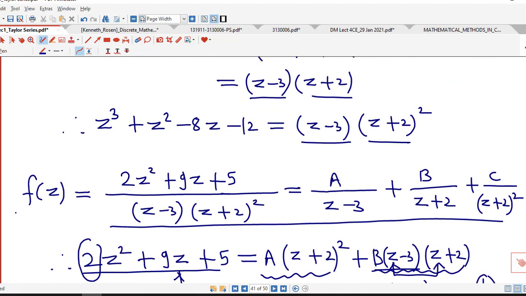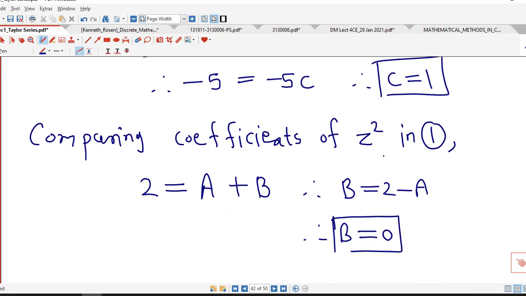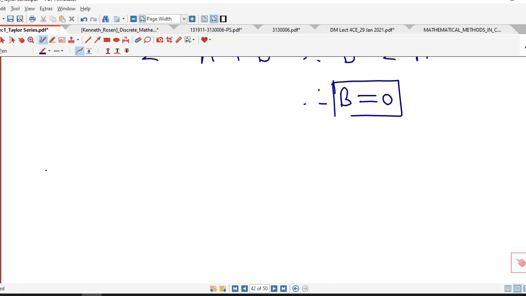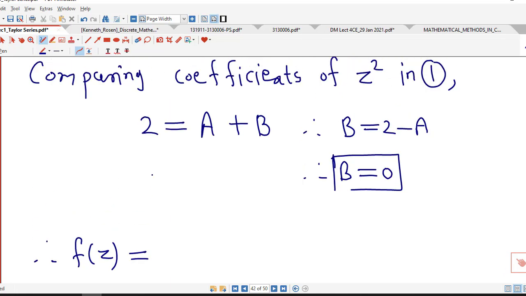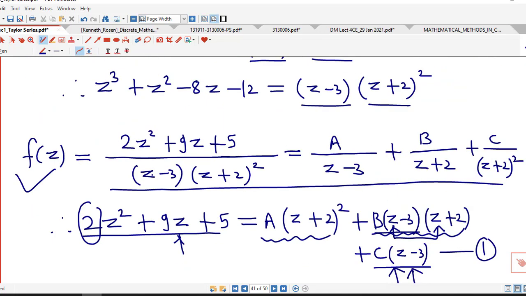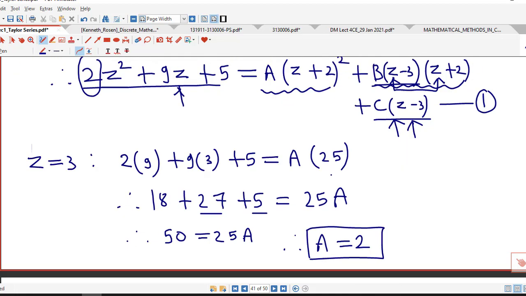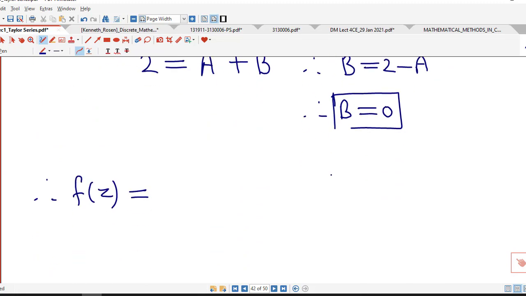So we put the values of a, b, c here and let us see what we obtain for f of z. So f of z becomes, a is 2, so we have 2 upon z minus 3, and c is 1.